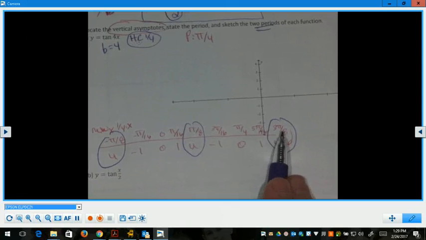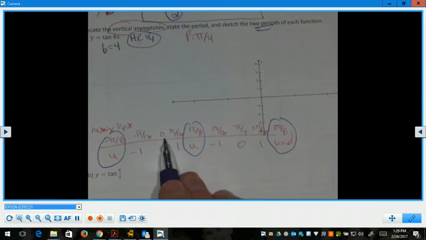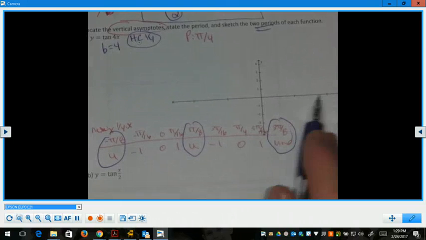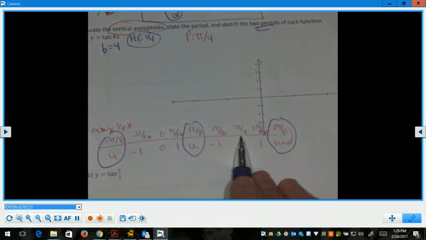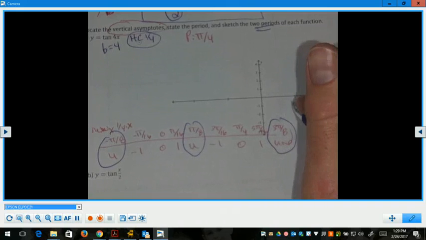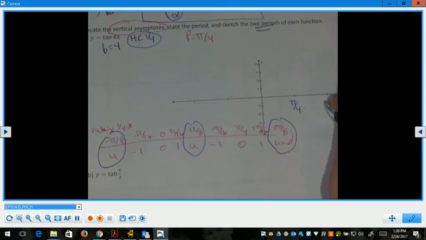So the highest I have to go is 3 pi over 8, which is just under pi over 2. I do have 0 on here, so I could scale it by 8ths or 16ths if I wanted. I probably would do this, that this is pi over 4, and that makes this pi over 2.